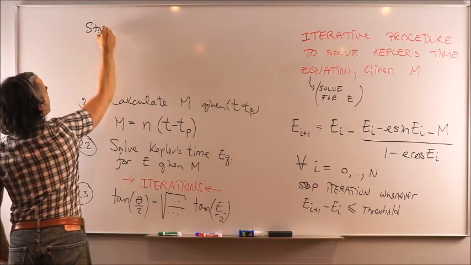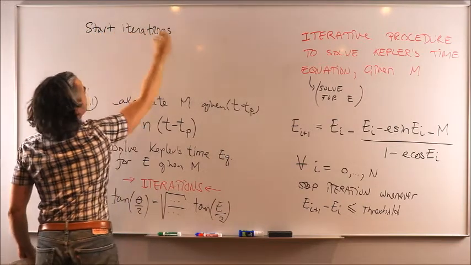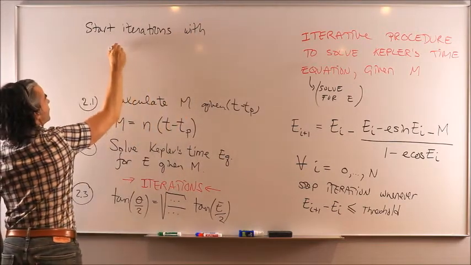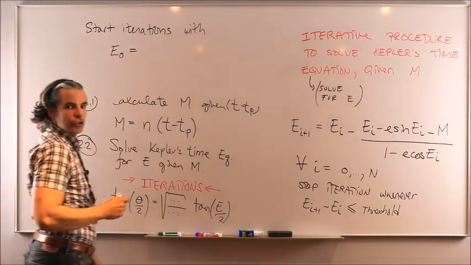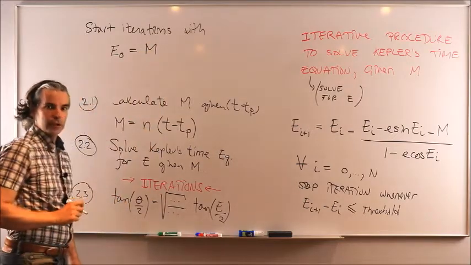So we're going to start iterations with E naught, and the first good guess would be to initialize it to be equal to the mean anomaly, okay?